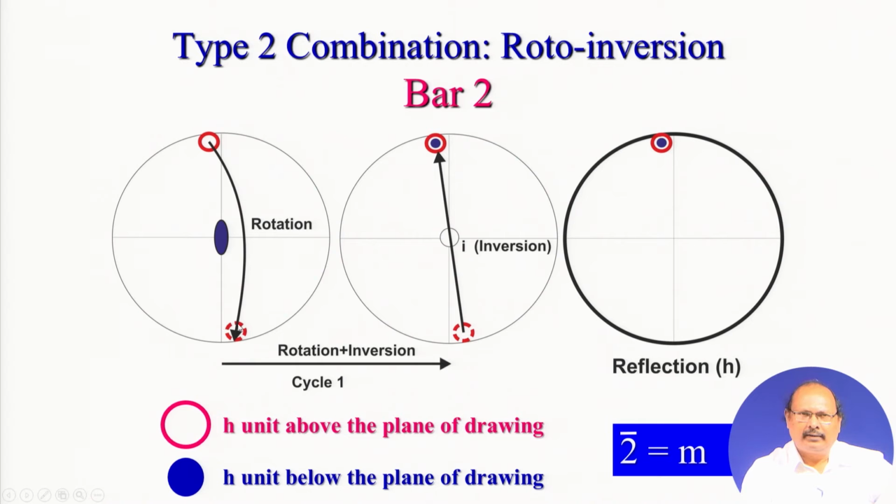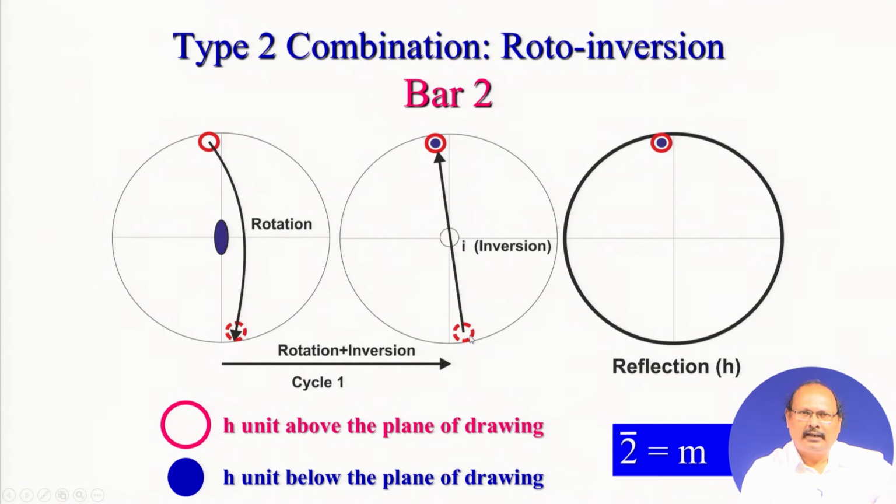Okay. So, what is that? The motif is now lying at a height h above the plane of drawing. If there is an inversion, what will happen? I will join this with this, and this motif will now be reproduced in the opposite direction. If it is at a height h above the plane of drawing, it will now be reproduced here at a height h below the plane of drawing, which I have shown here.